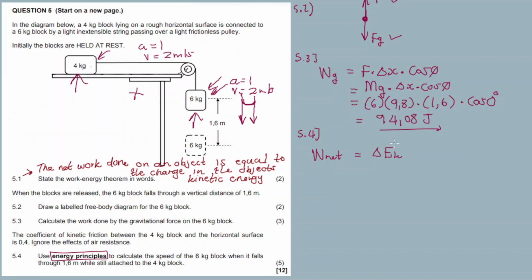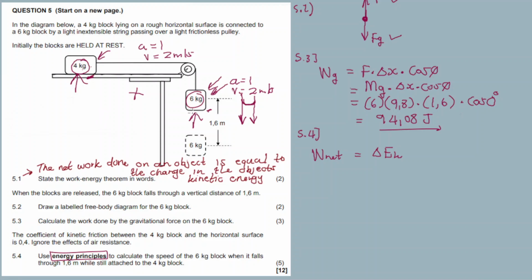I say both. Consider the change in kinetic energy for the 6 kg block and the 4 kg block, because whatever the 4 kg block does, the 6 kg block does too. They are in sync, they are synchronized. The 4 kg and the 6 kg are in the same WhatsApp group, whatever one does, the other does, right?